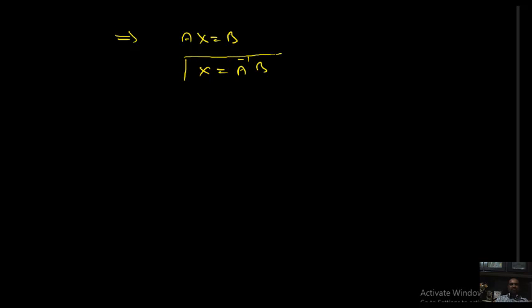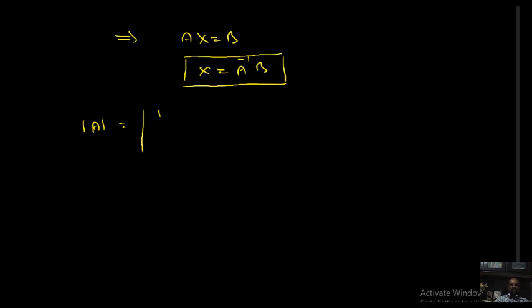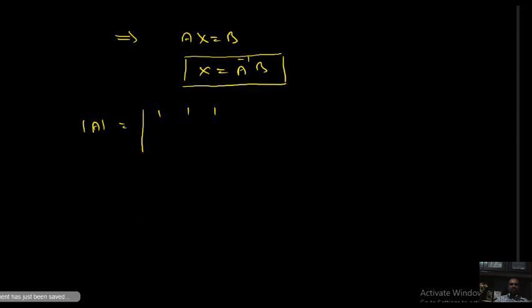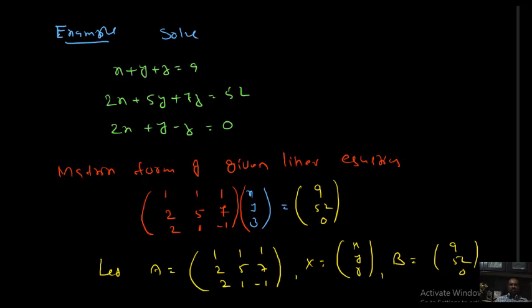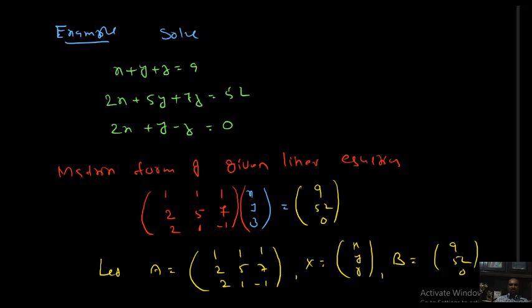Okay. Now I want to find det A. Determinant of 1 1 1, 2 5 7, 2 1 minus 1. Observe, correct or not? 2 1 minus 1.